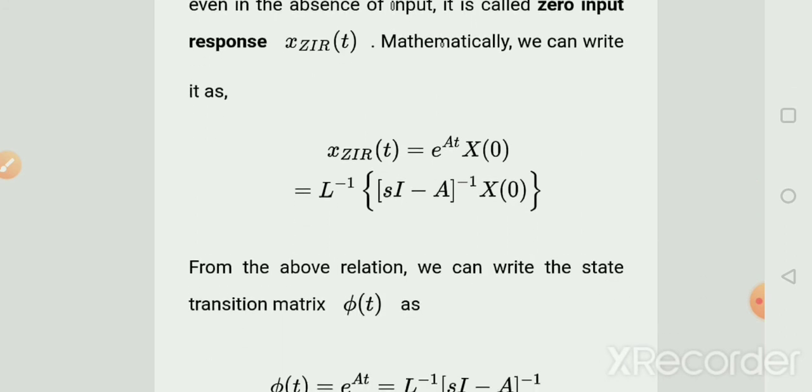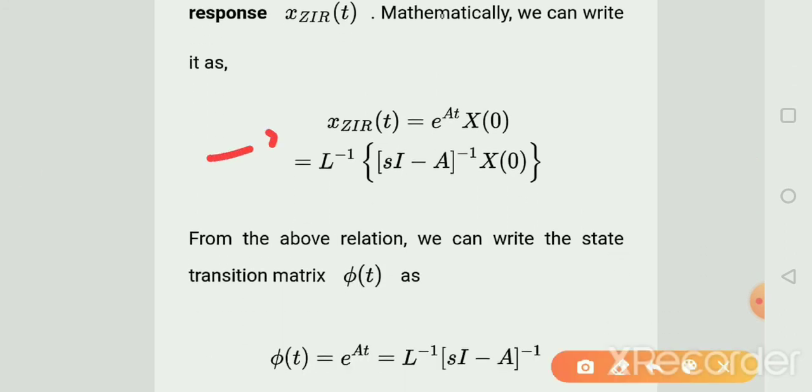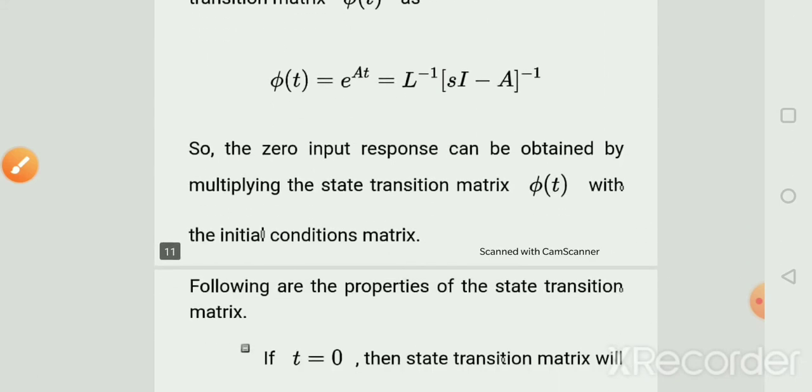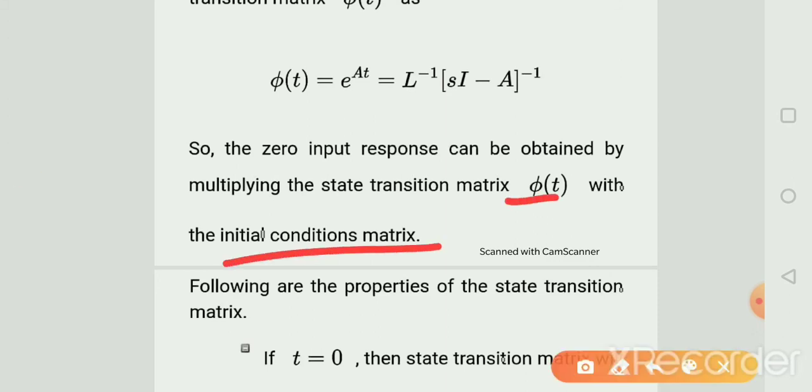So mathematically we can write this: x at zero input response is e to the power At into x0, and the Laplace transform is, we know, (sI minus A) inverse into x0. So here we represented the transition matrix phi(t) by e to the power At, and it is the inverse Laplace transform of (sI minus A) inverse. So the zero input response can be obtained by multiplying the transition matrix phi(t) with the initial condition.